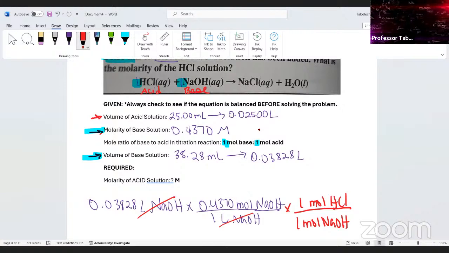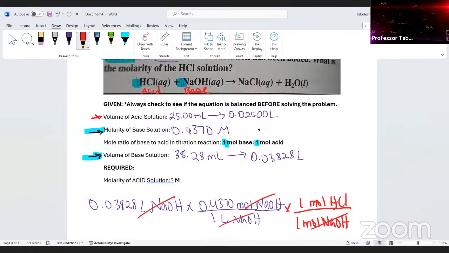Now, let's cross out those units because we don't need the moles of NaOH anymore. So now what's left over are your moles of HCl. So you know what we can do next, guys, right? We're going to multiply those numbers. 0.03828 times 0.4370 is equal to 0.01672 and so forth.